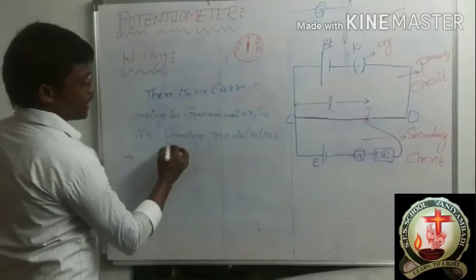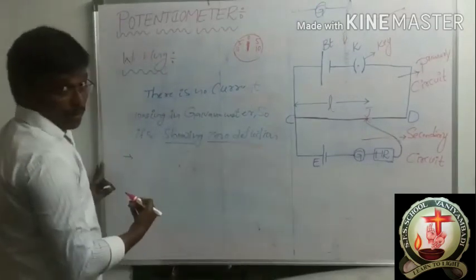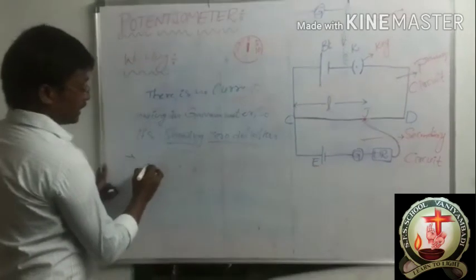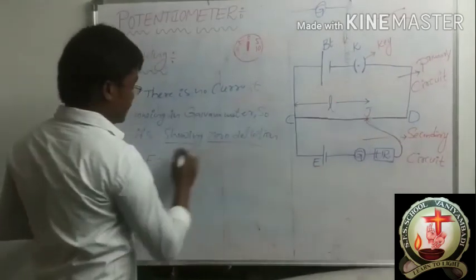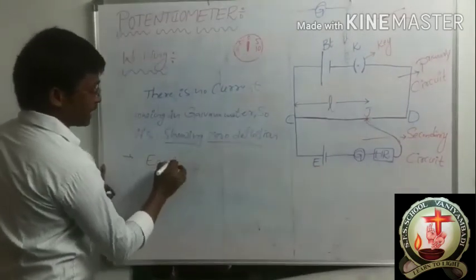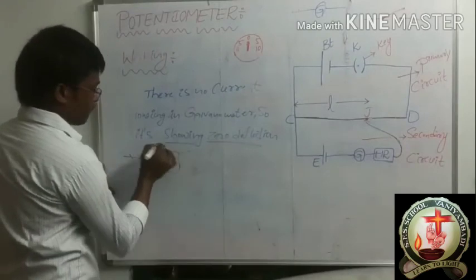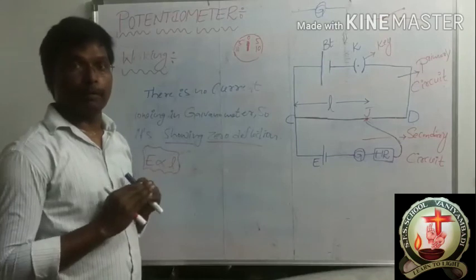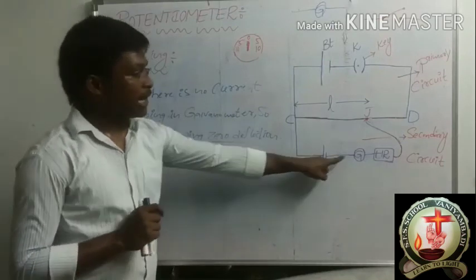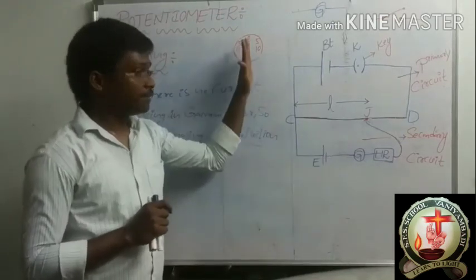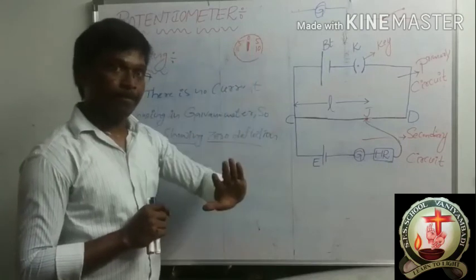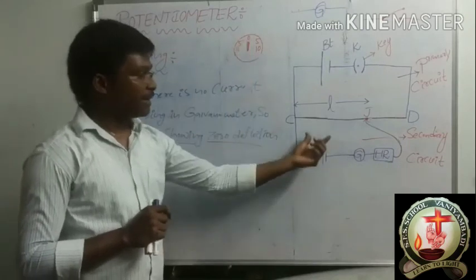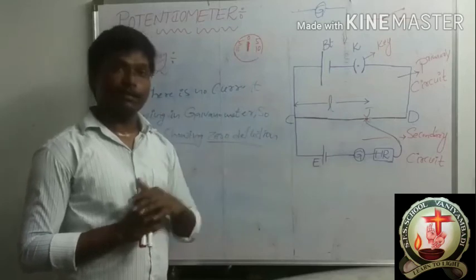Whenever it is showing zero deflection, the EMF of the cell E is directly proportional to the balancing length L. Remember this point, it is important.